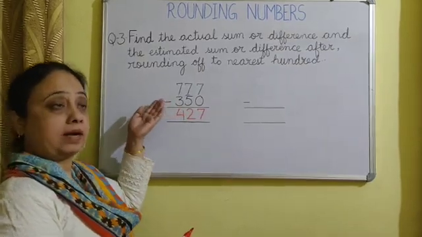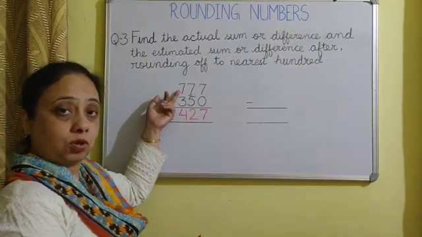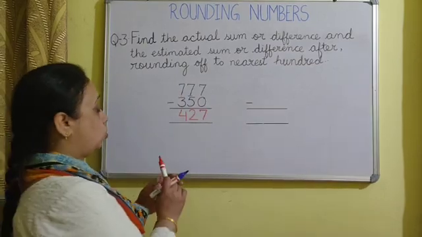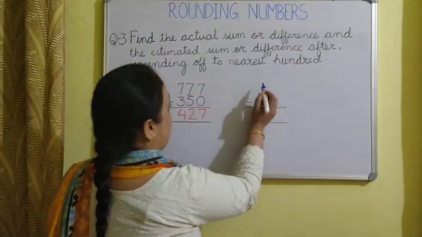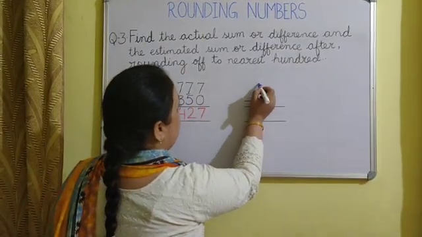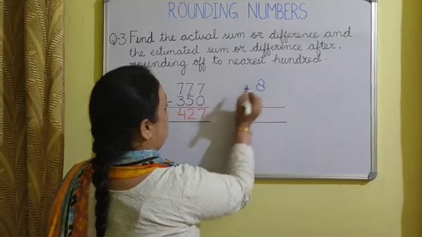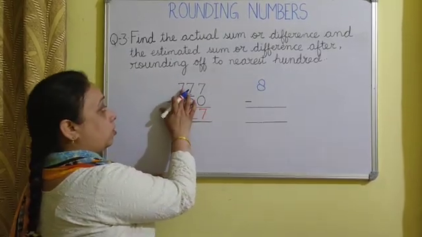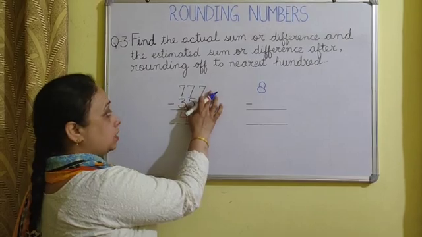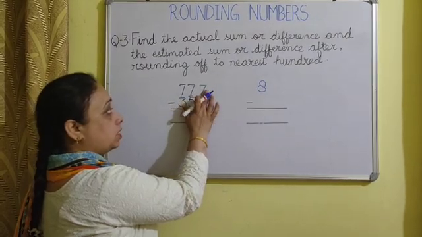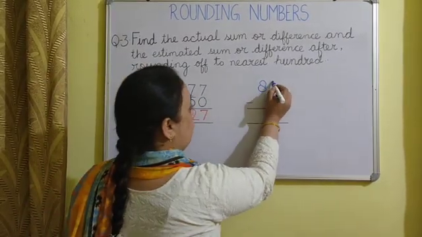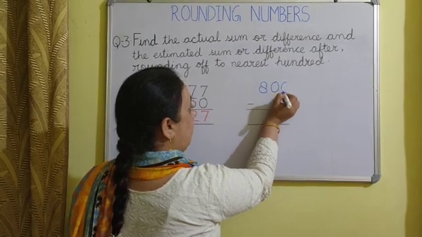You have to add 1 to the number which you have to round off. So you will add 1 to 7 and we will get 8 here. And to the right of this digit, we have 2 digits and we will replace these 2 digits by 0. So we will get 800.